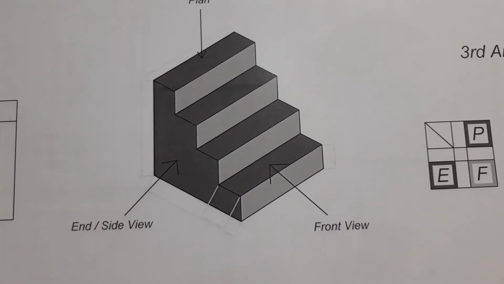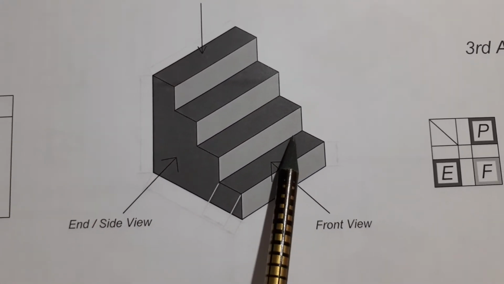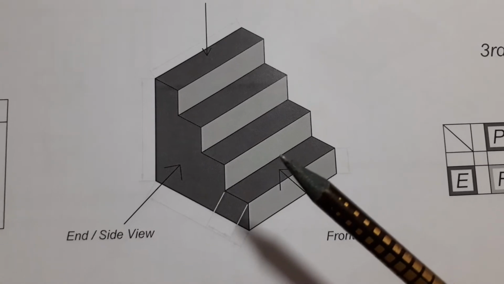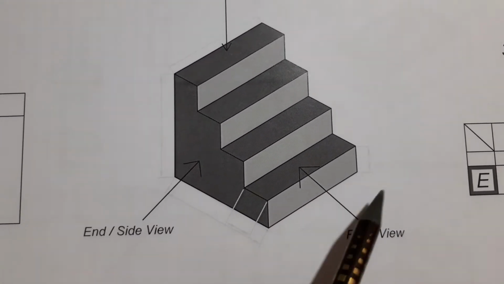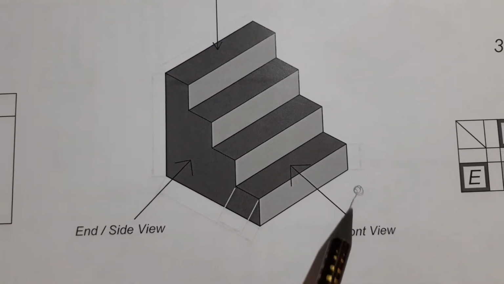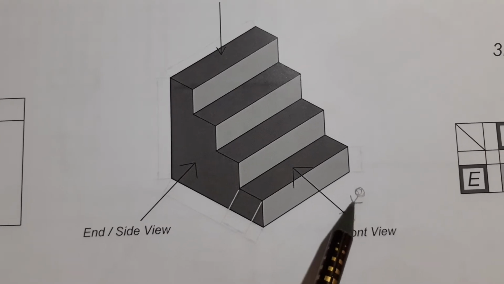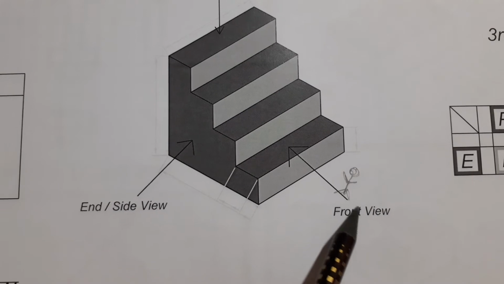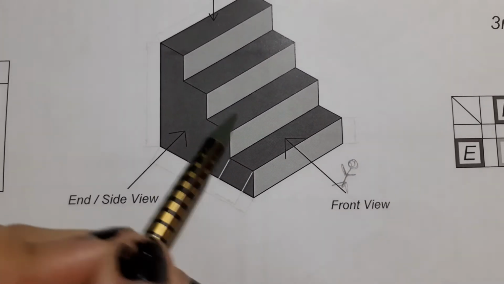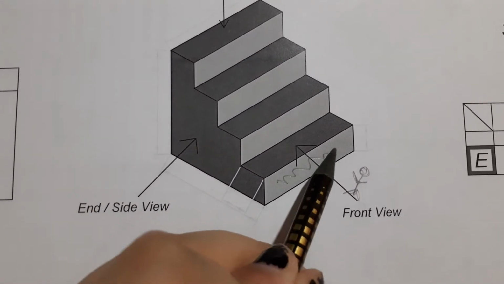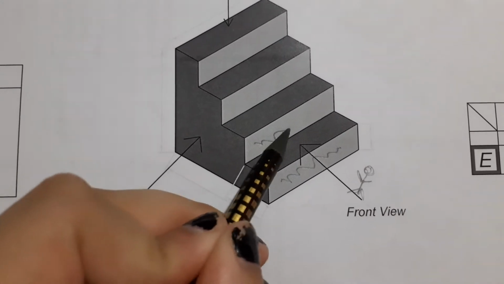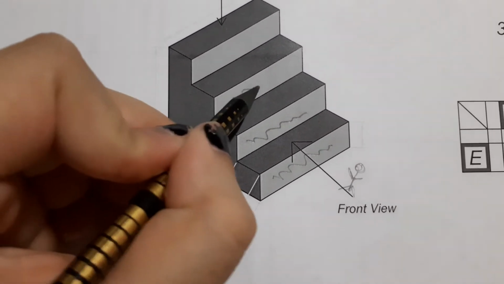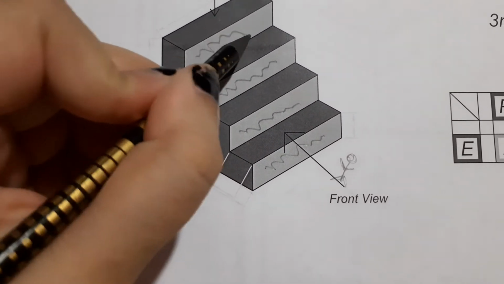We have what we call the front view, which is looking from this side. Imagine front view. You're standing over here, and you would draw what you would see when you're looking from over here. What you would see would be this, and this.